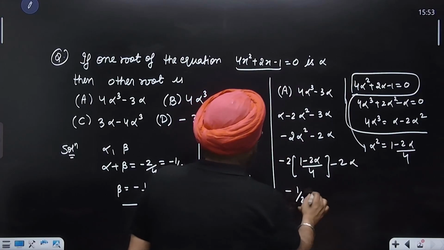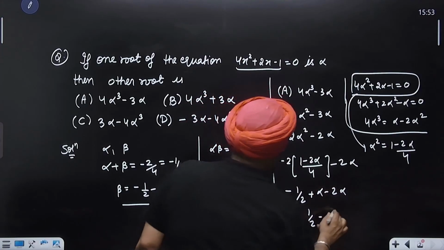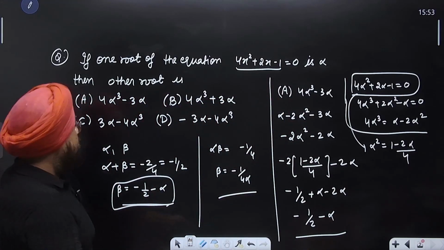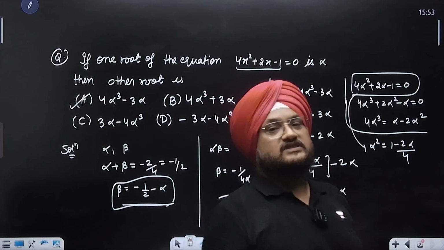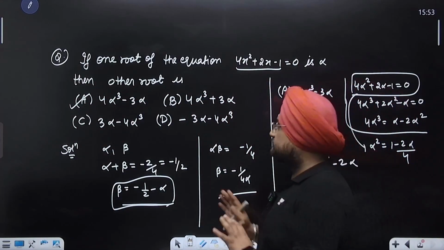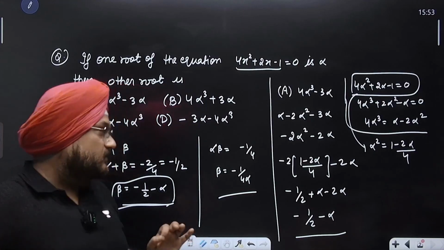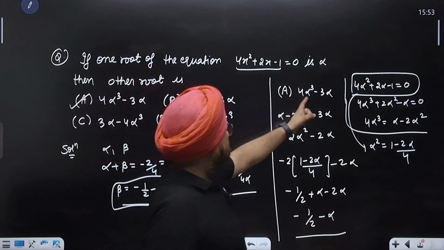From this we get minus 1 by 2 minus alpha, which is our other root beta. So option A will be the right answer. Similarly, we can check B, C, D, and these will not be our answer. Our answer is A.